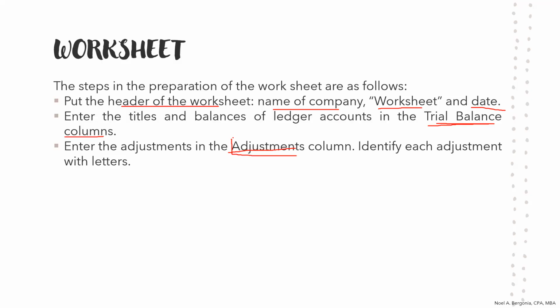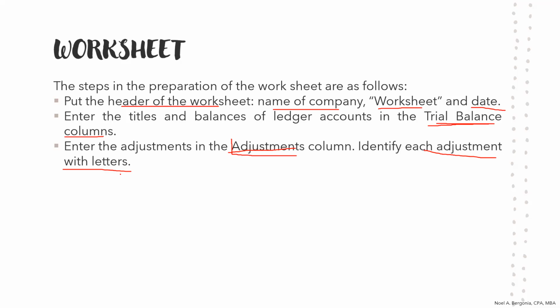So we identify each adjustment with letters. If ever there are letters in the information about our adjustments, we can put those there as well to identify them, so that when we journalize and post the adjusting entries, it will be easy.